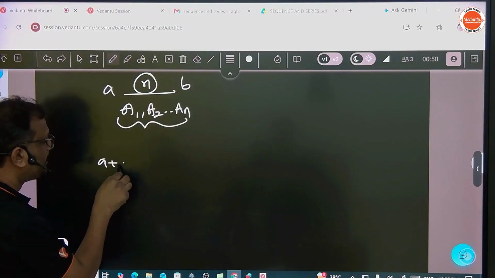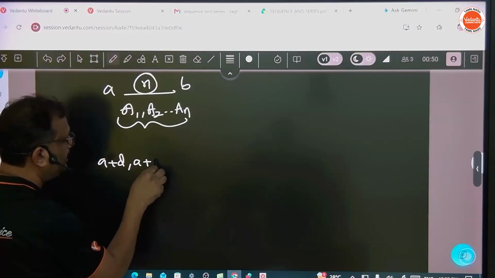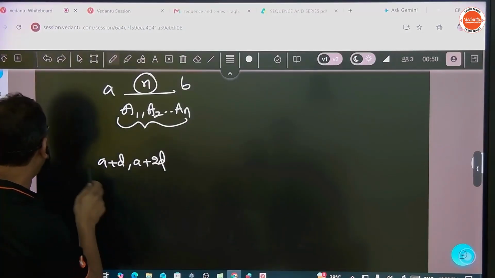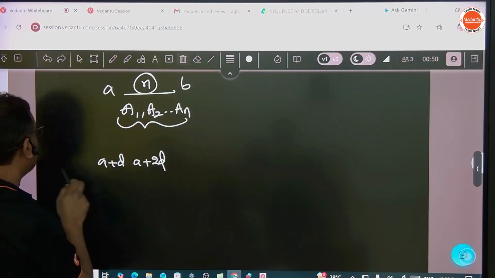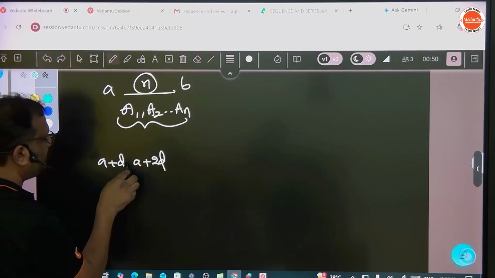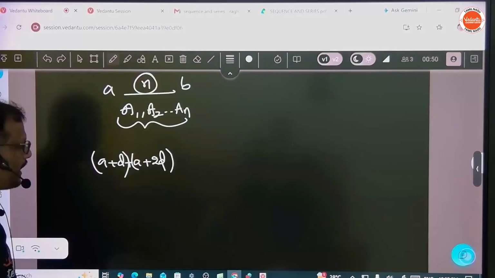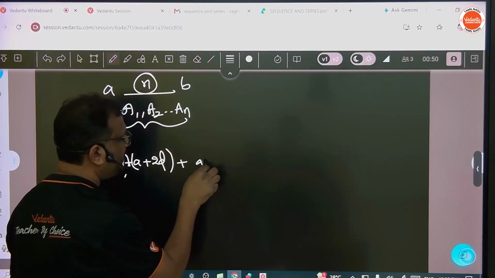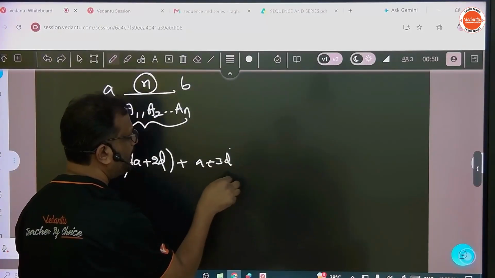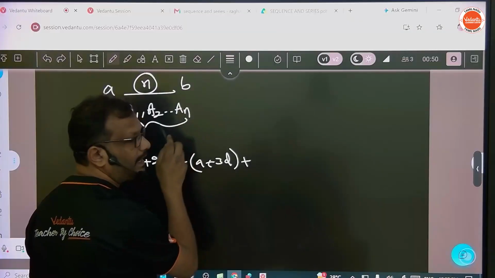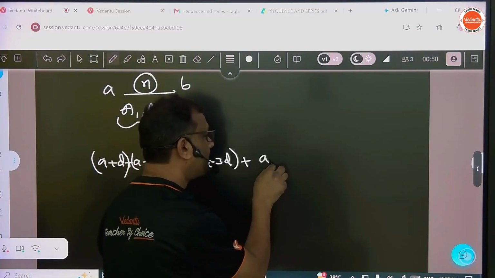Second number is A plus 2d. And we are adding those numbers. Let's take the sum: A plus 2d, next A plus 3d, and so on. How many numbers are we adding? n numbers. A plus nd.